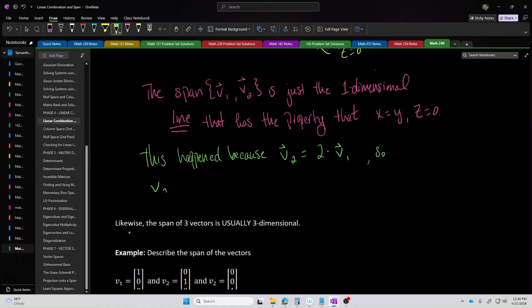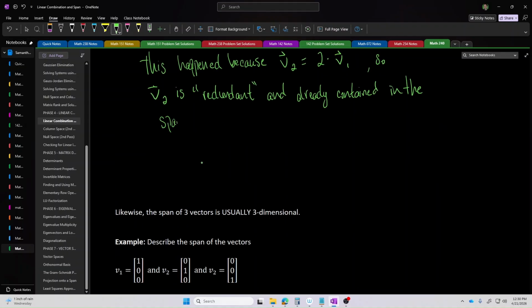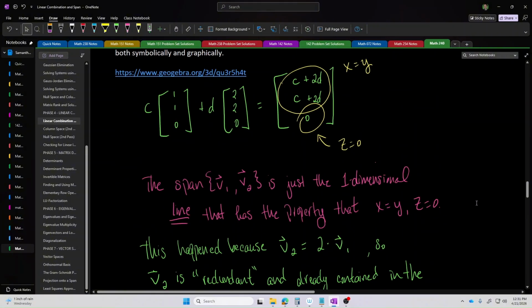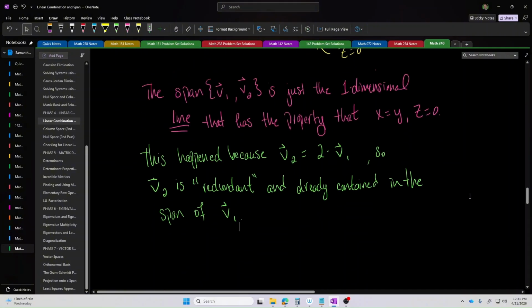So V2 is redundant and already contained in the span of V1. So although there were two vectors, we ended up with a one-dimensional span because one of the two vectors was actually redundant and a duplicate in some sense of the first.